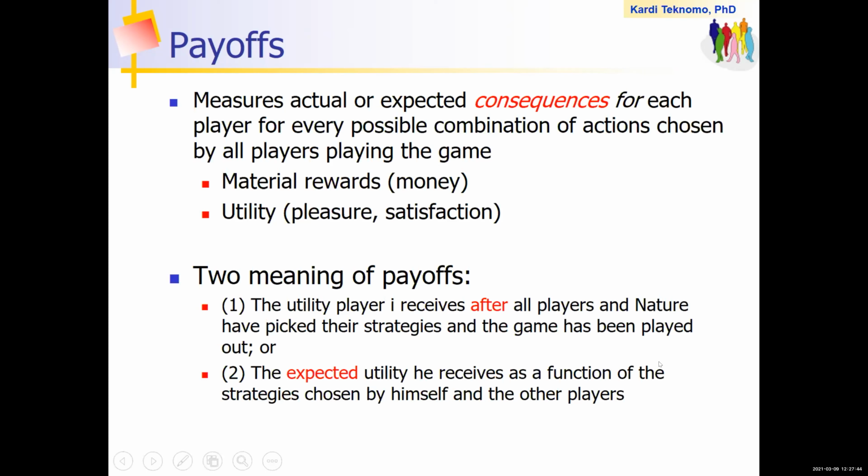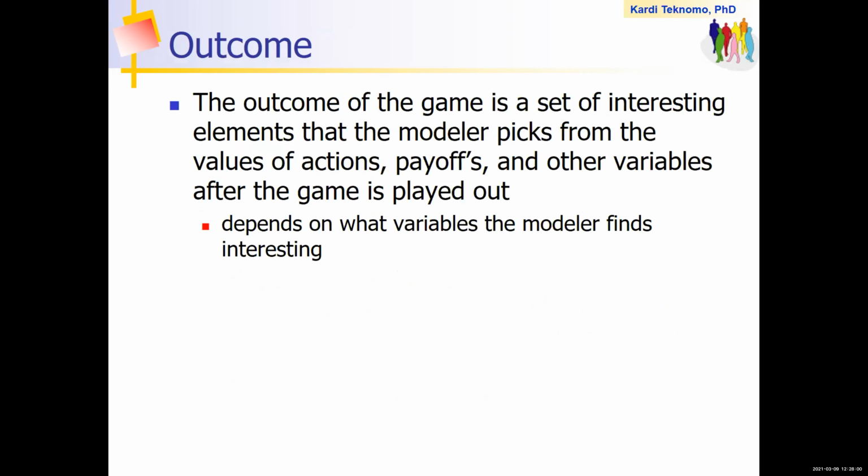Second is the expected utility that they will receive as a function of the strategy chosen by him or the other player. Now, the outcome of the game is the set of interesting elements to the modeler that you will pick based on the payoff, based on the action.